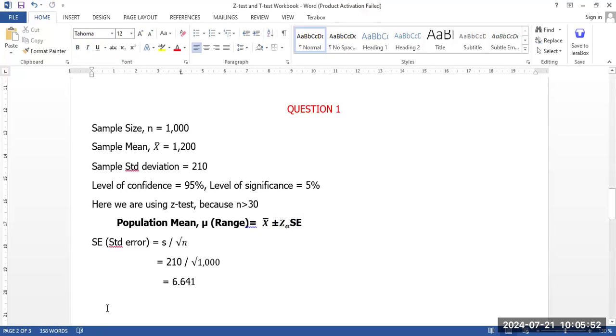We don't have this value, but we can actually get it. And that value will be this, like our value from the table.